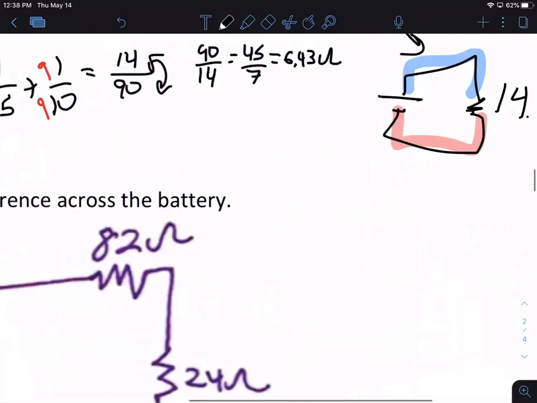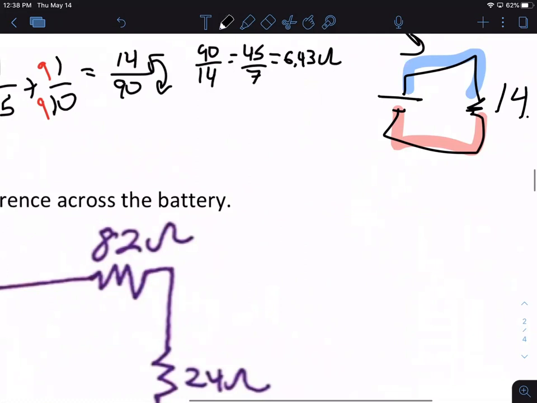So 100 volts over 14.43, 6.93 amps. And that's going to be my current here. That's the current through this resistor, and therefore is the same as the current through the battery. 6.93 amps.